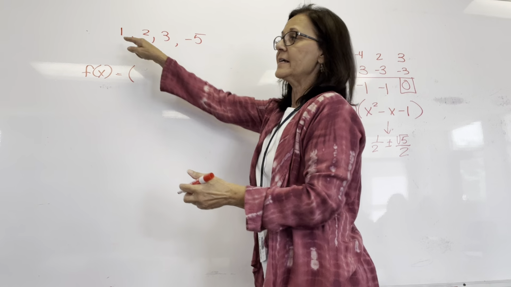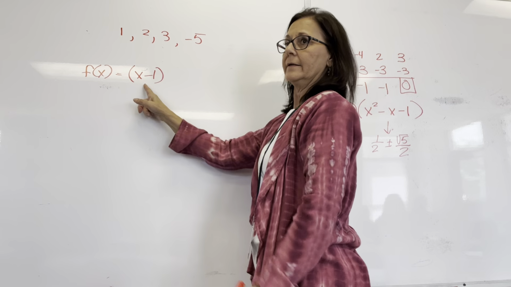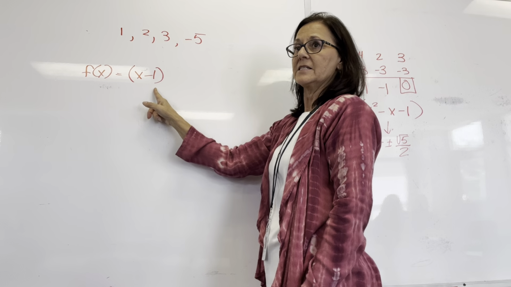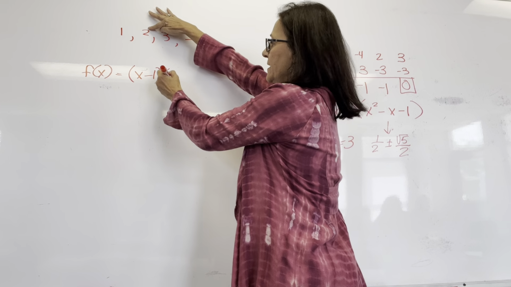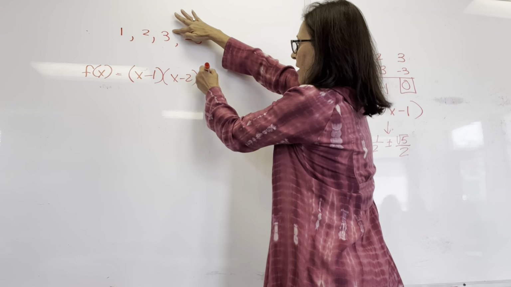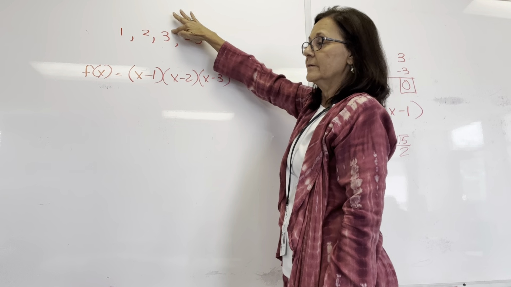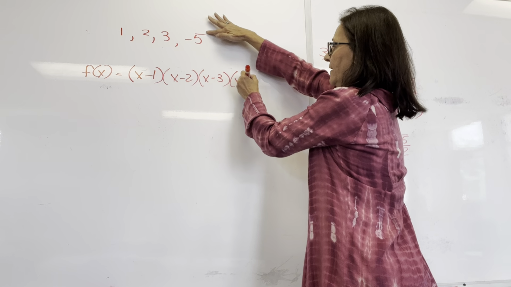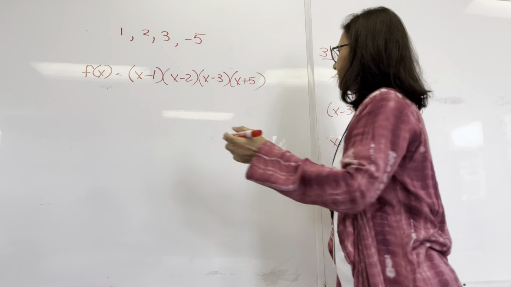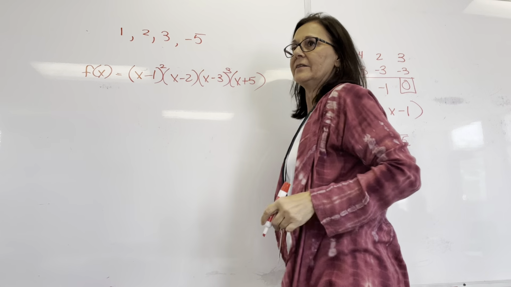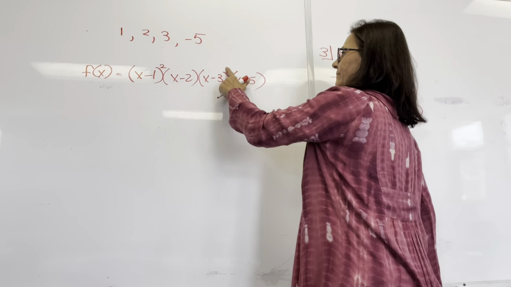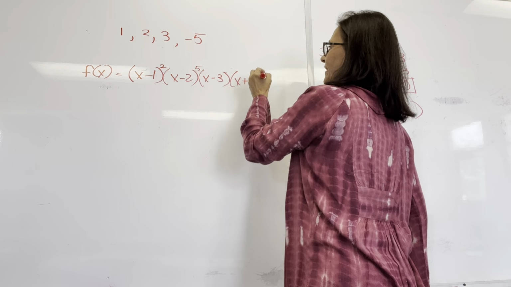So I can come up with different polynomials. In order for this to be an x-intercept, the factor has to be x minus 1. You connecting that? In order for that to be a 0, that has to be the factor. In order for this to be a 0, the factor has to be that. In order for that to be the 0, that has to be the factor. Okay, I could come up with different polynomials. I could square this term, I could cube that term. I can make that one to the 5th degree, that one to the 4th.